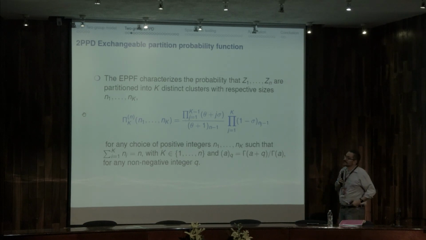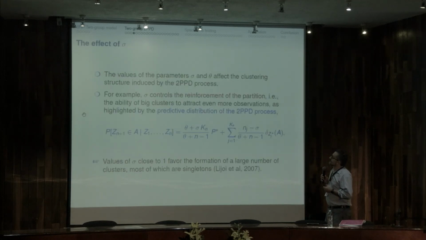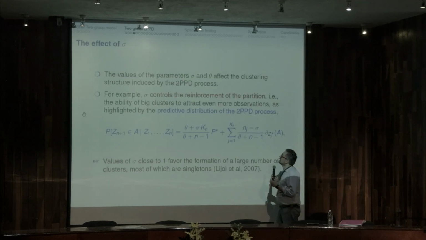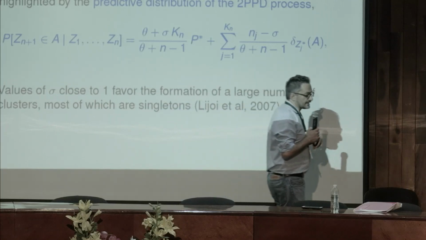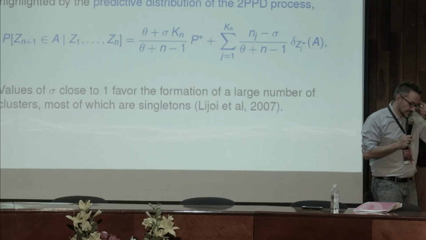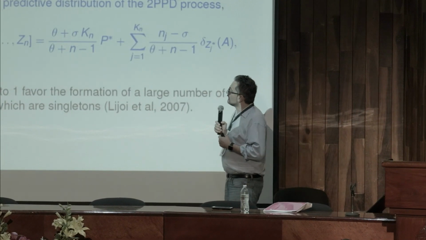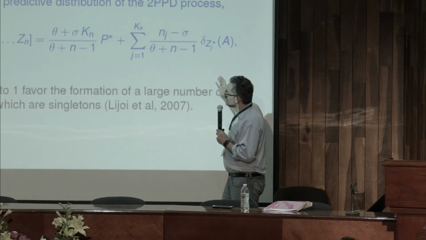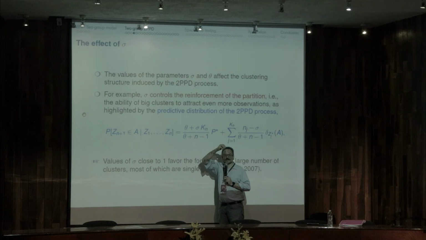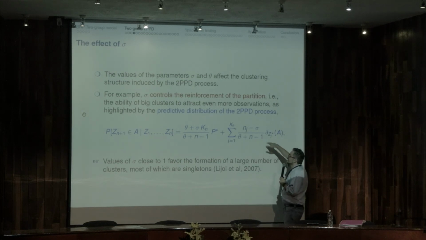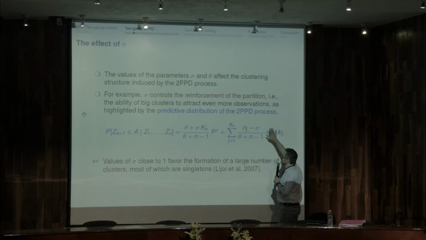But let's look in particular in this representation at the effect of sigma. As I mentioned, the values of sigma and theta affect the clustering structure of a two-parameter Poisson-Dirichlet process, and there are very many different ways in which we can see this. One possibility is to look at the prediction probability function, according to what Fernando said on Monday, basically describing the predictive distribution of a two-parameter Poisson-Dirichlet process.